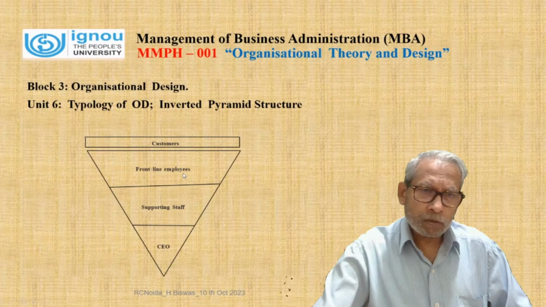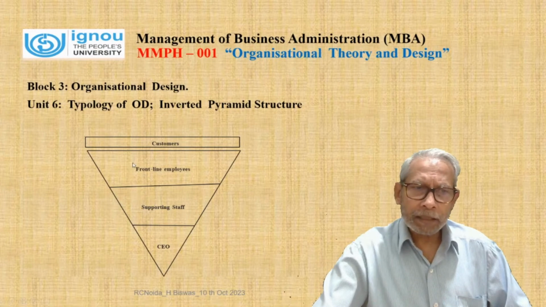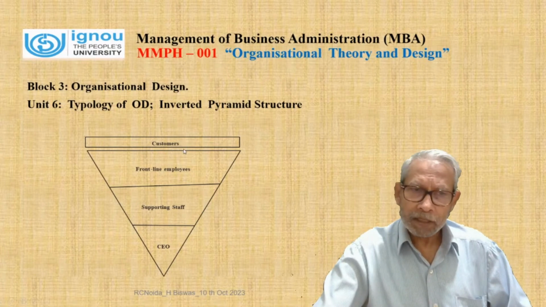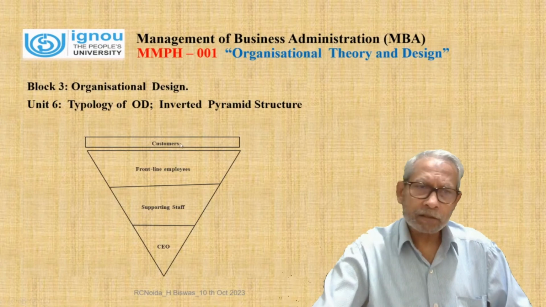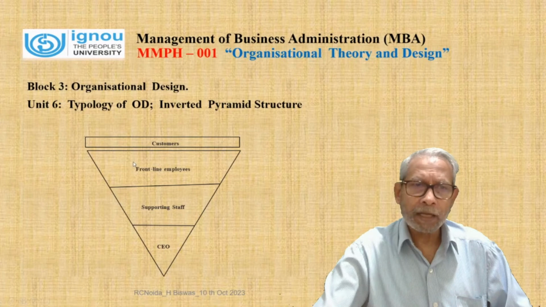There is no need to take permission in the decision-making process. They are taking care of 90 to 95%, sometimes 100%, of the customers' problems. They are giving their decisions, so customer satisfaction depends on the frontline employees.